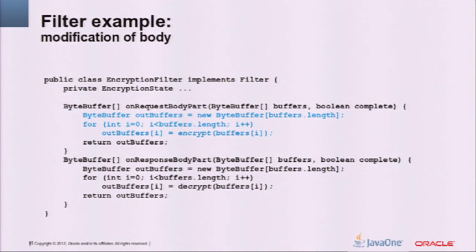Its onRequestBodyPart method allocates an array of byte buffers, and then it calls some kind of external encrypt method, which is given the input buffers, and that method generates a new byte buffer which is put into the out buffers array, and then it's that array of out buffers that's returned from the onRequestBodyPart. And then the onResponseBodyPart is exactly the same, except that it's calling a decrypt method instead of encrypt. So that example just shows very basic modification of data in a streaming sort of way.